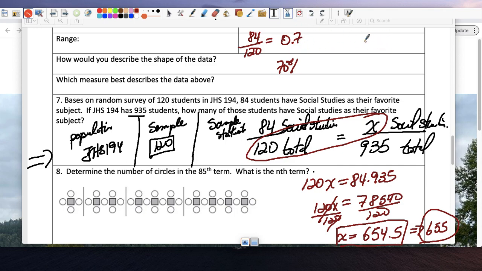We can write 0.7 of 935, because 70% of 935 will also like social studies. If you multiply 0.7 times 935, you get the same exact number, 654.5, or 655 rounded. So you can set up a proportion, which I think you're probably more familiar with, or use the percent. It doesn't really matter. It's really up to you.